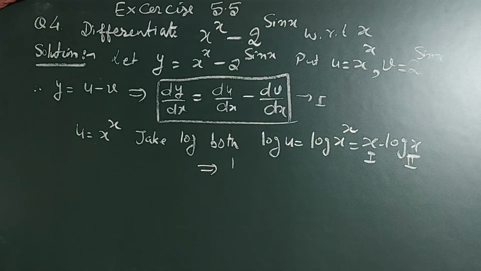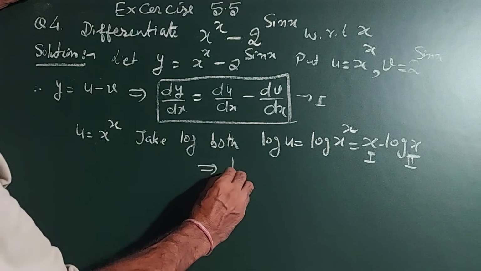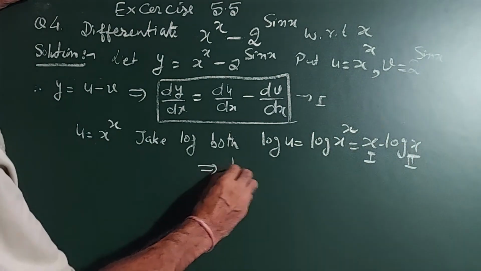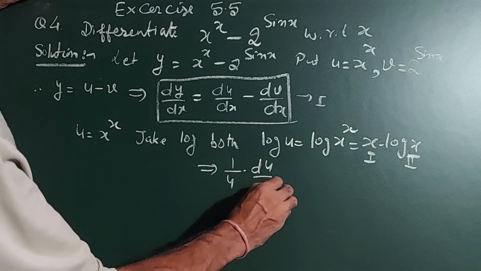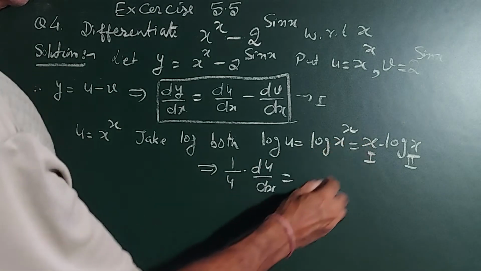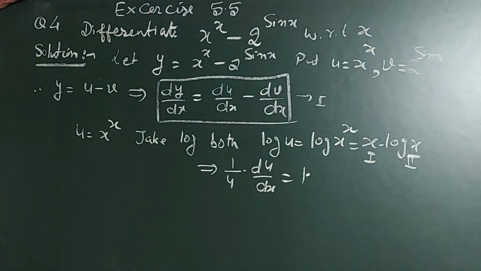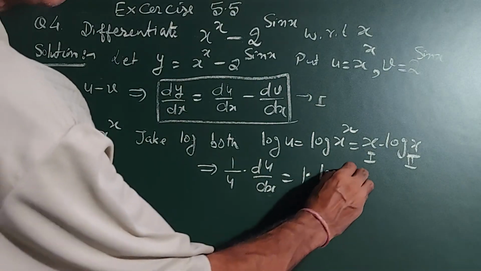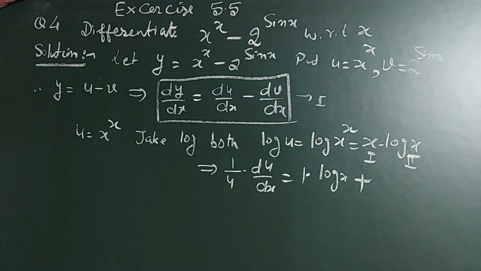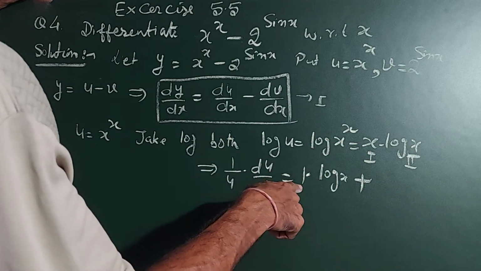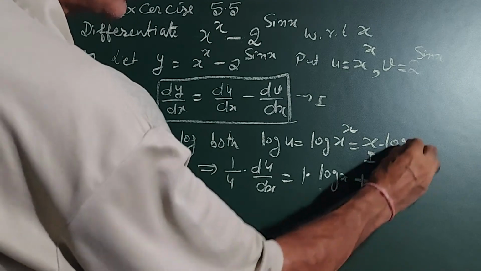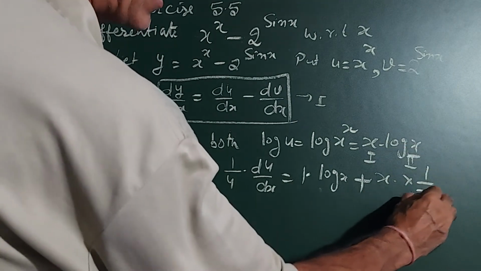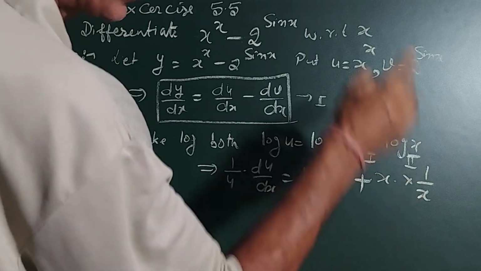Now we will apply the product rule. Differentiate this with respect to x. So 1 upon u into du upon dx is equal to first function, derivative of first function is 1 into log of x plus derivative of first function into the second function plus first function into derivative of second function. Derivative of log x is 1 by x.